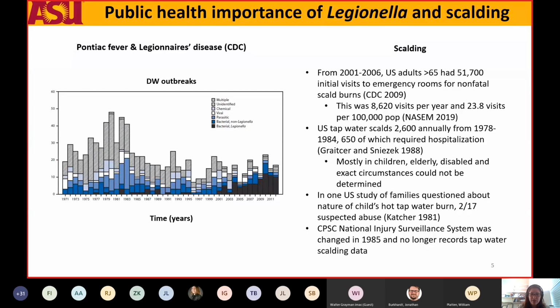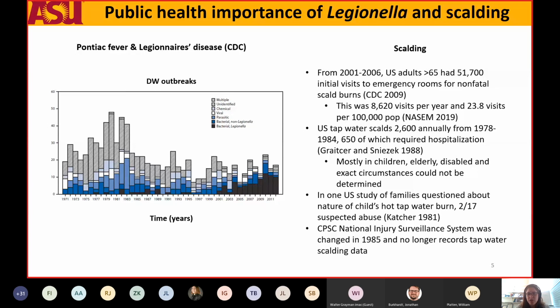On the left side of this graph, I think everybody on this call is very familiar with the public health importance of Legionnaire's disease and Pontiac fever. But I think probably there's less familiarity with scalding due to tap water in the US, and there's really limited data on this. So we did find some data, and there is some presented in the National Academies of Science, Engineering, and Medicine report last year that there are scalds reported in the US, and some very small subset of that is due to tap water scalds.